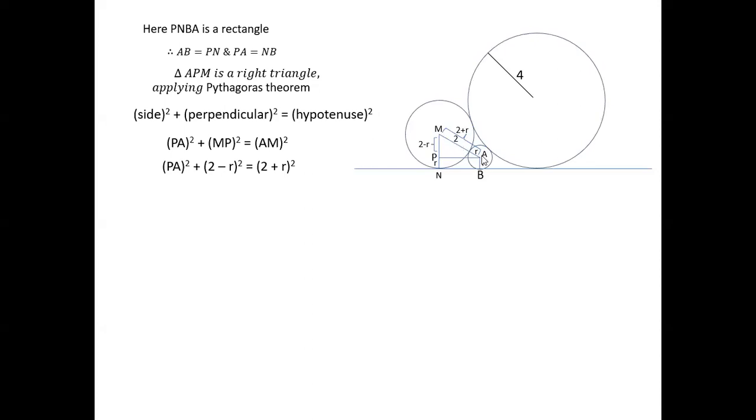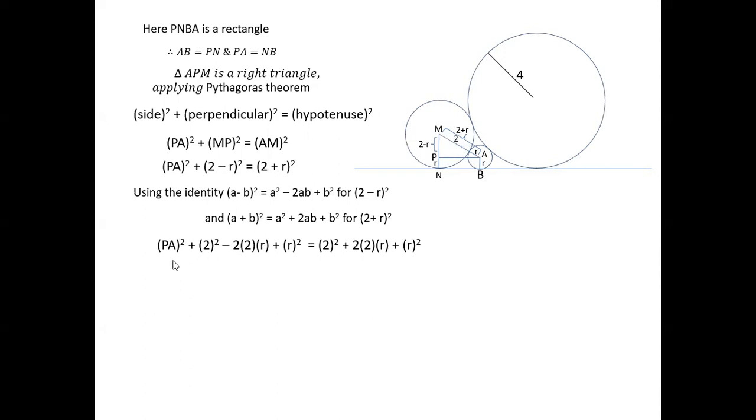Therefore, this full length, that is M to A, is 2 plus R. So we substitute these values. Once you substitute, again we use the identity A minus B whole square for this and A plus B whole square for this. So it becomes PA square, 2 square minus 2 into 2 into R plus R square is equal to 2 square plus 2 into 2 into R plus R square.